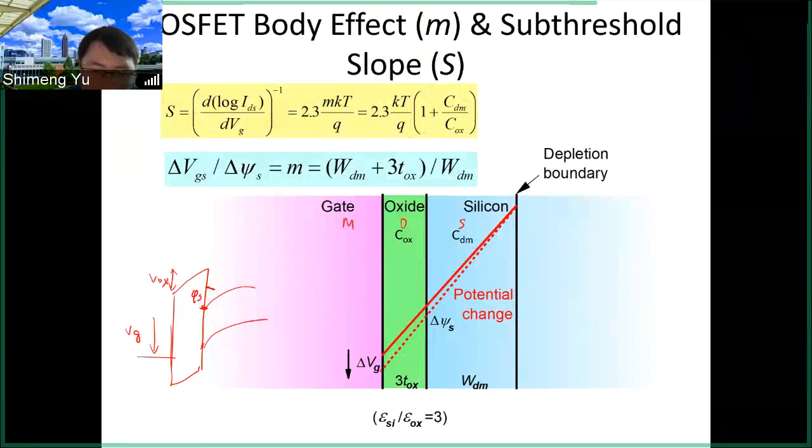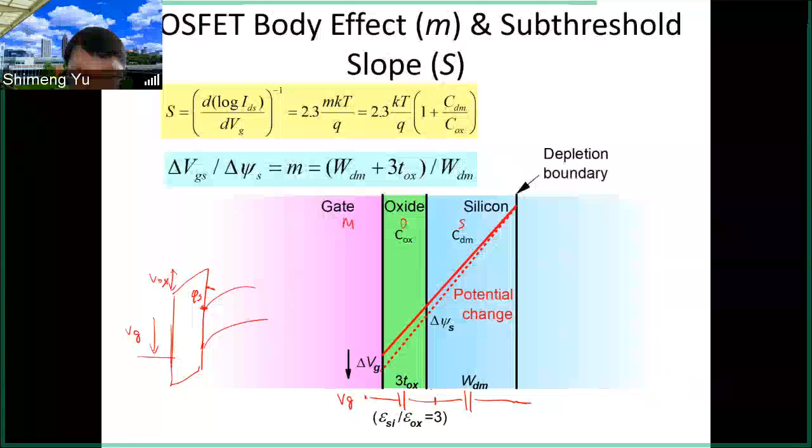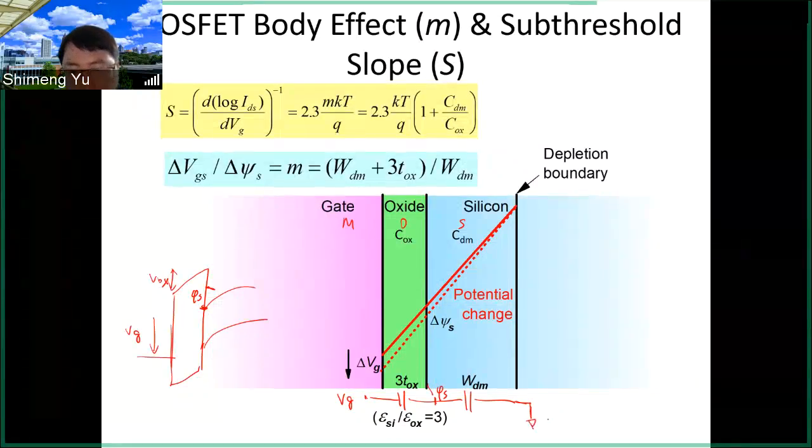So it's like the voltage divider as we discussed. So you have the gate capacitance, and then you have the depletion capacitance. So if this is your gate voltage Vg, then this is your phi s at the surface of the silicon, and then this side is ground. That is the body or the substrate.